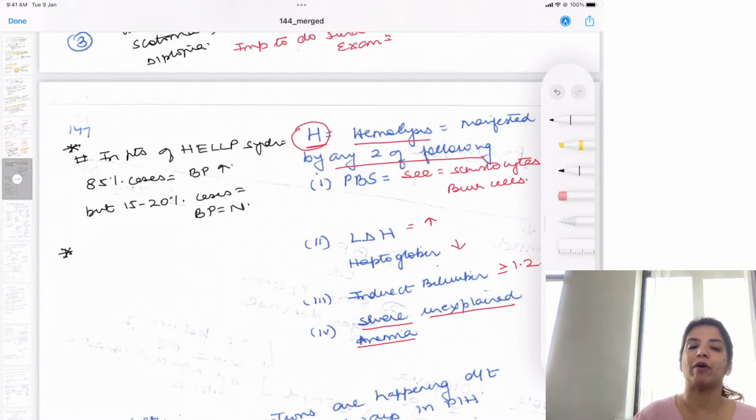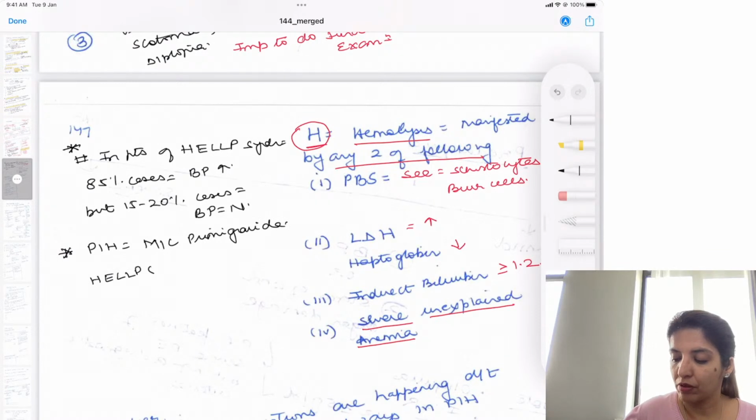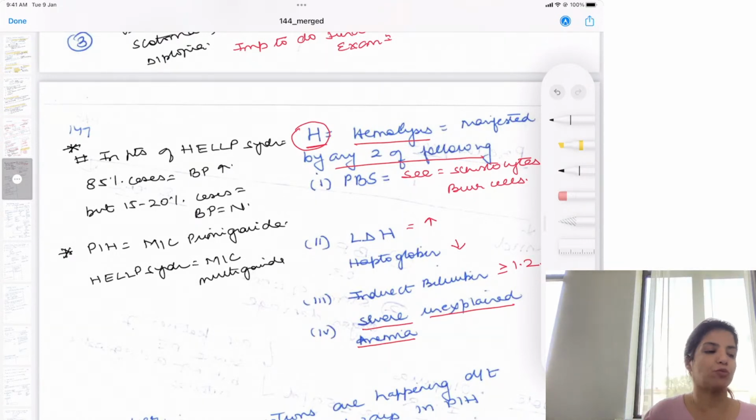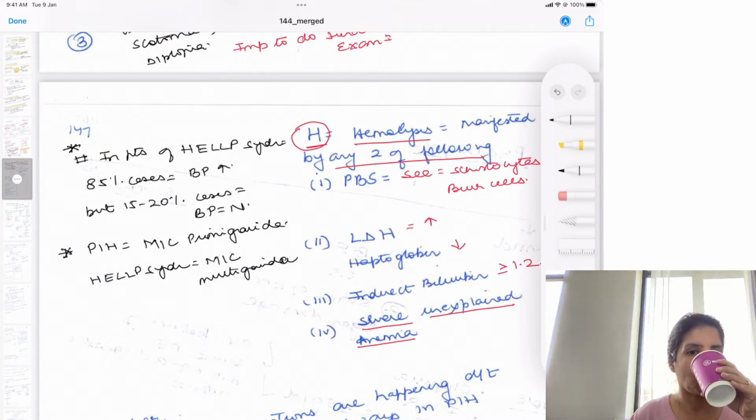Second important point about HELP syndrome is, just now when I talk to you about risk factors of PIH, I'll tell you PIH is more common in primigravida females. But HELP syndrome is more common in multigravida females.